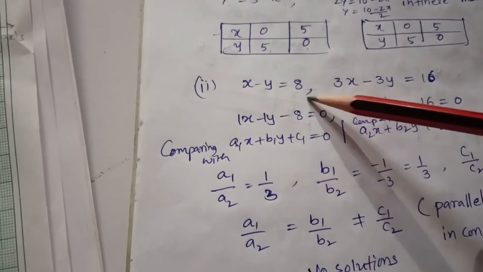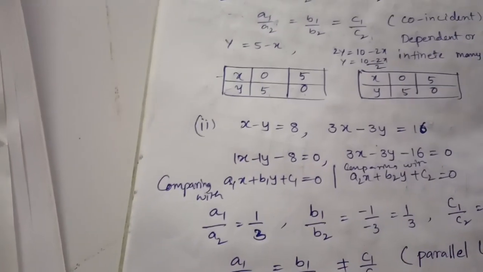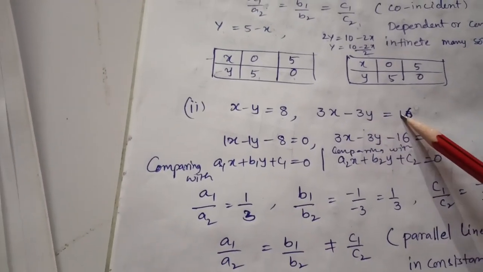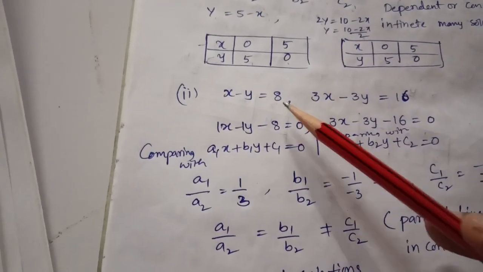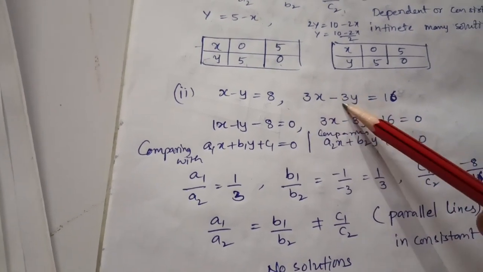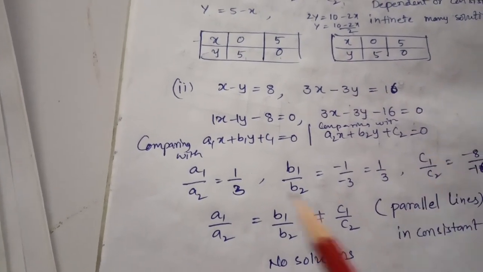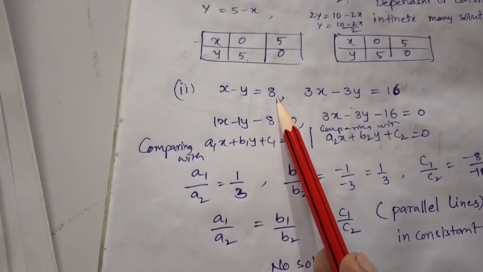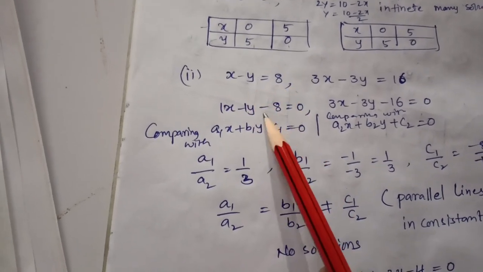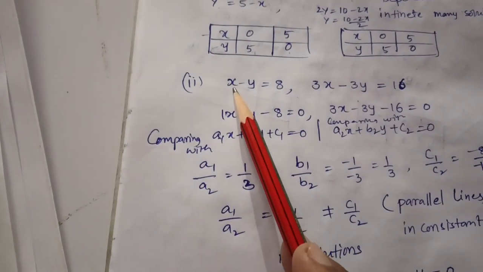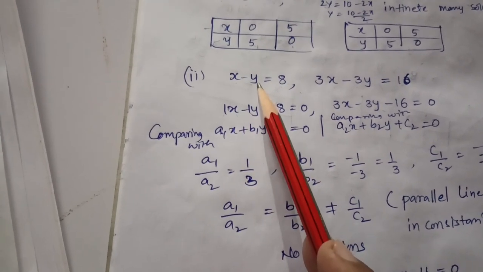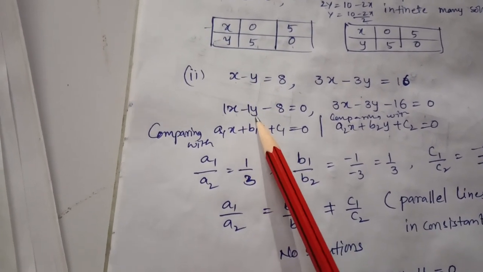Next, second one, x minus y equals 8, 3x minus 3y equals 16. Transposing 8 to LHS, plus 8 becomes minus 8. So x means 1x, and minus y means minus 1y.